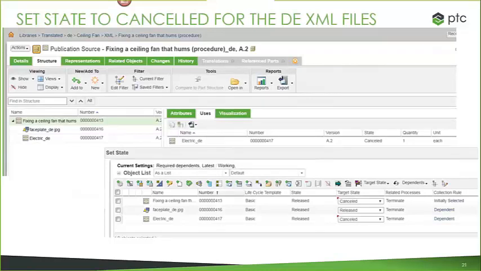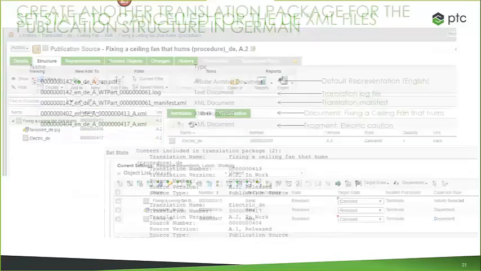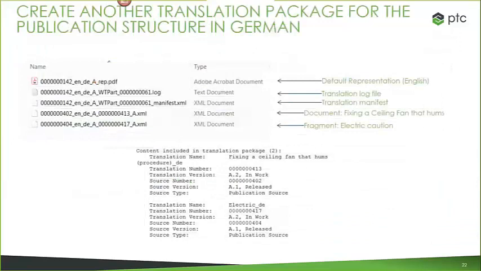It's included because it had been generated so that I could do that comparison between the English and the German. So now that we've got an available representation that's set to the default, it's included in the package. Then we've got our logs file, and again you can see a snippet from the log file below, the manifest, the one document, and the one fragment.